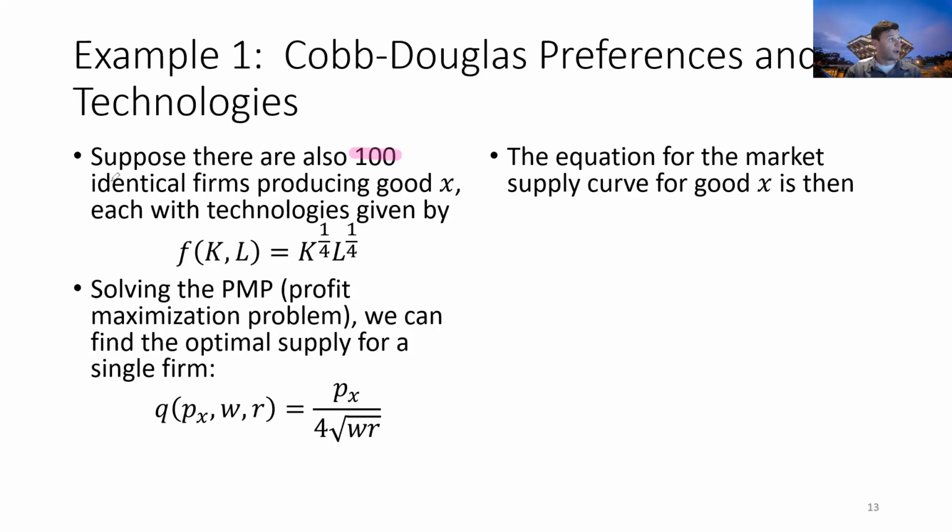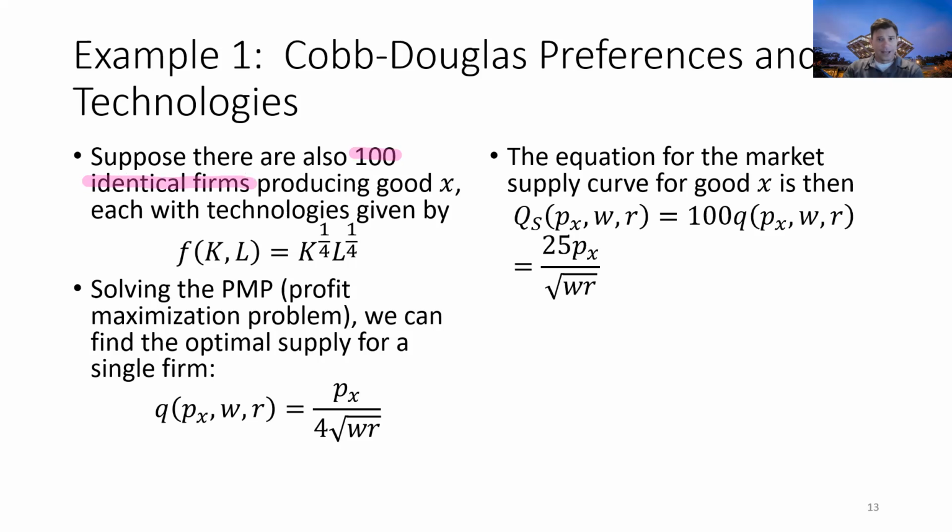We're going to multiply a single firm supply by the number of firms, just like we had done to get the market supply curve in past segments. So we can do that here. Now let's take 100 times the single supply curve. You'll notice the 100 and the 4 will cancel, leaving us with a 25. So this whole expression here is the market supply curve equation.